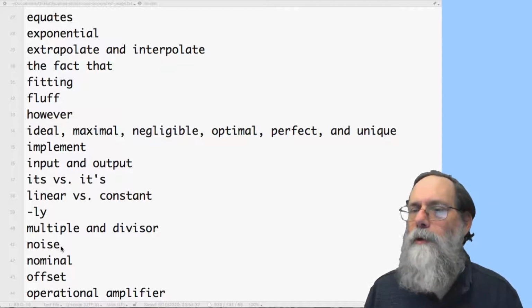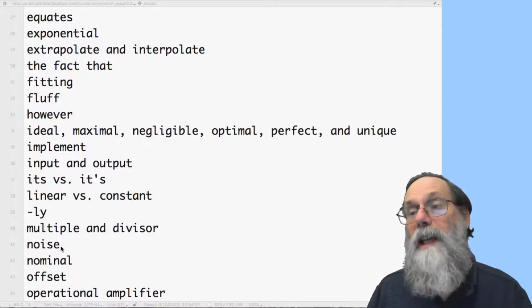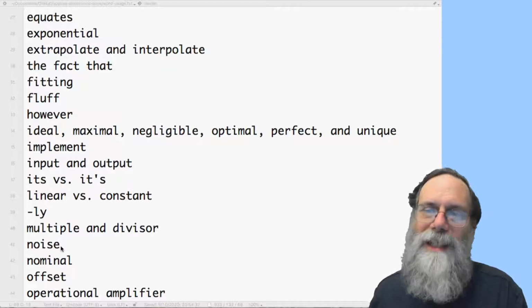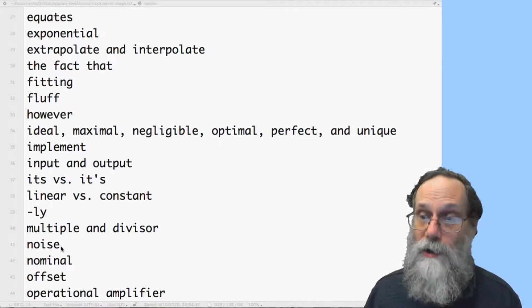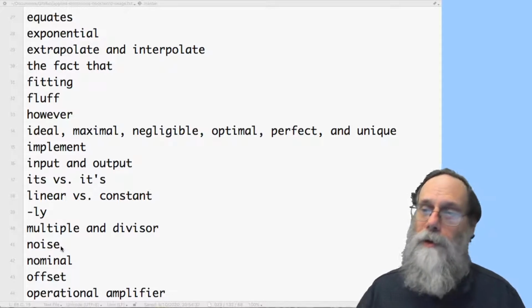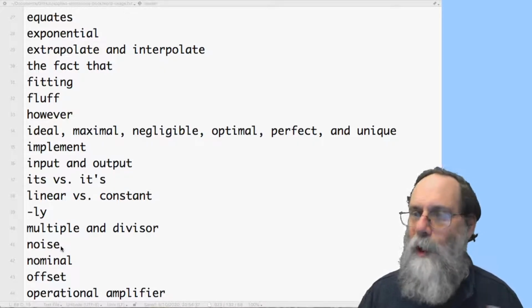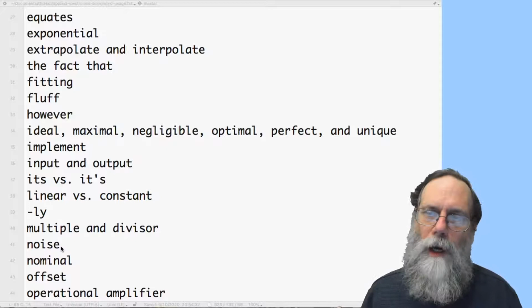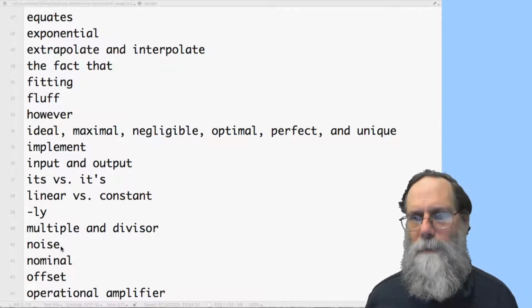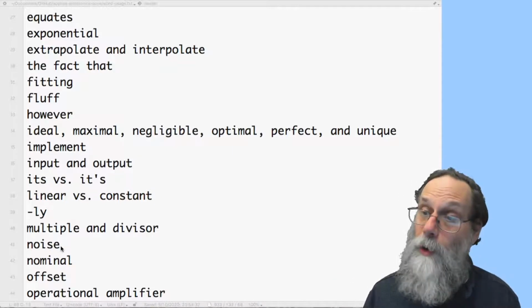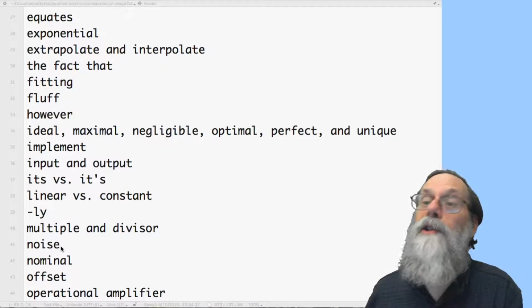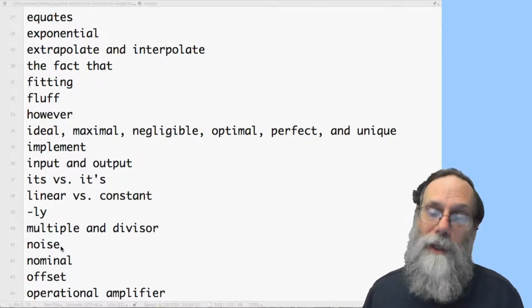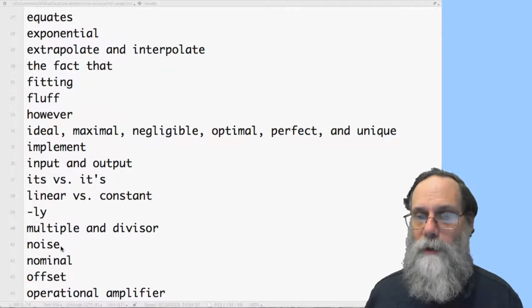And so some people will use noise for random noise and interference for a different signal that's interfering with what you want. For instance, 60 hertz interference with trying to make a measurement of your heartbeat. I'm not that fussy. I'll let you use the term noise for things that are structured signals that are undesired, as well as for random noise.